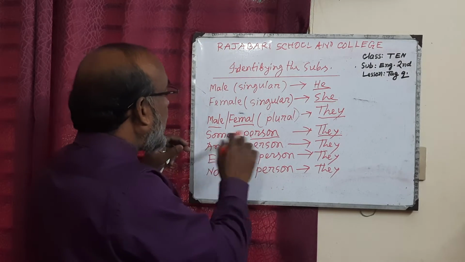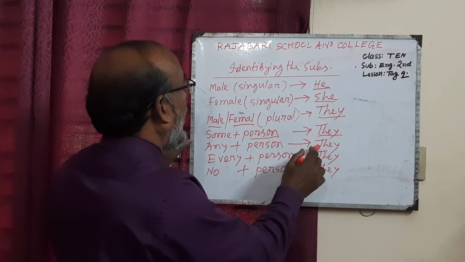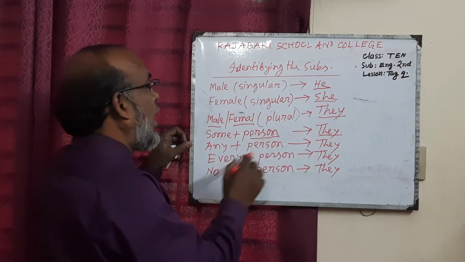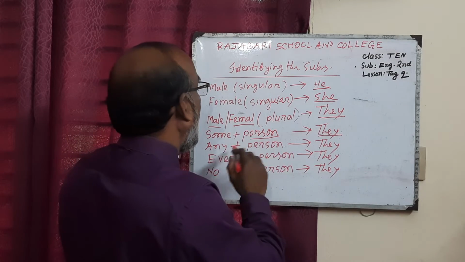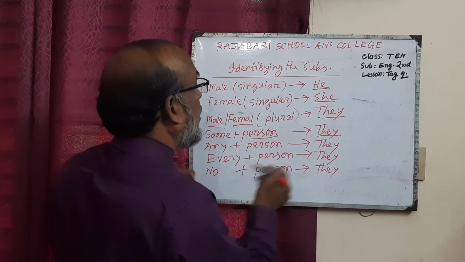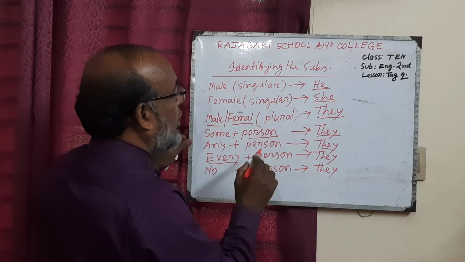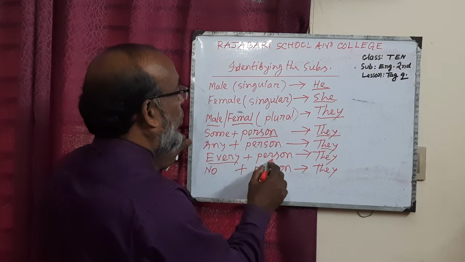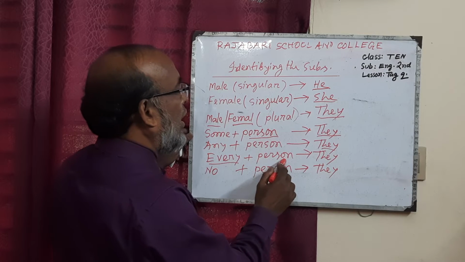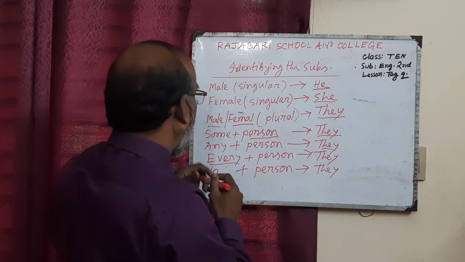And then this is how any plus person: any boy, any girl, any student, any farmer, etc., you can use they as subject. And if you see every plus person, that means everyone, everybody, every student, every girl, then you will use they as subject.